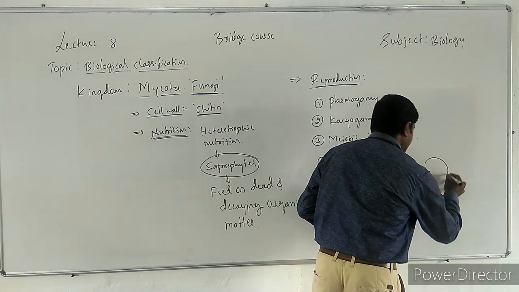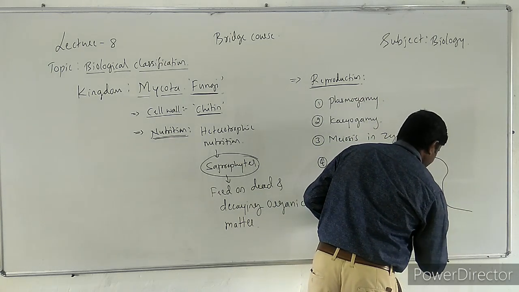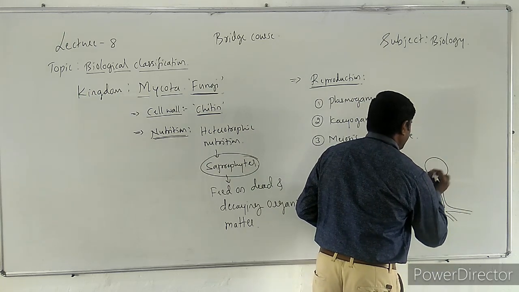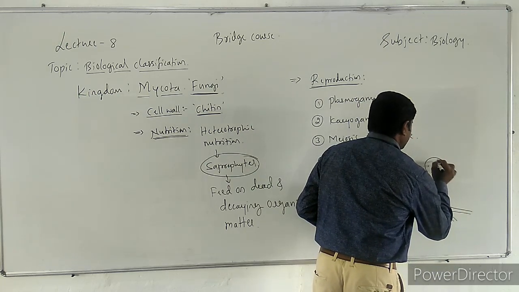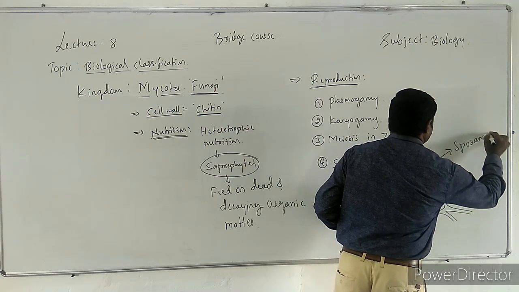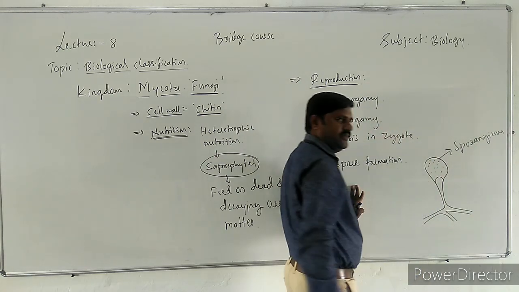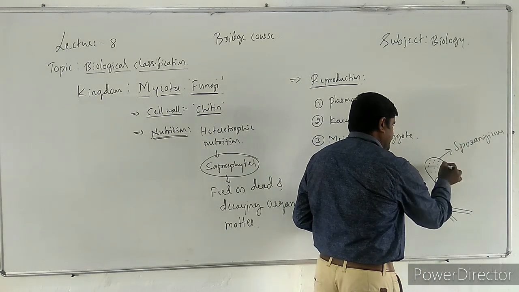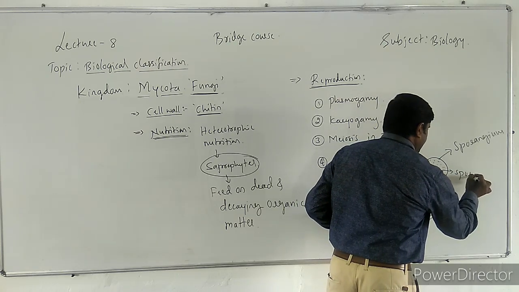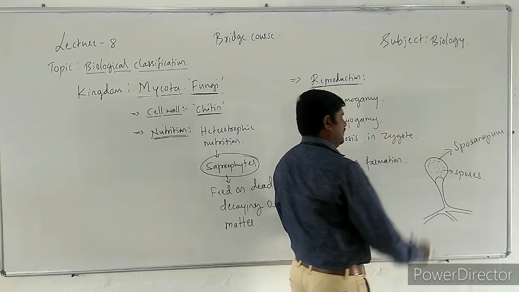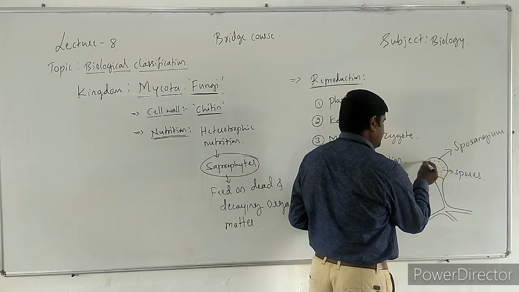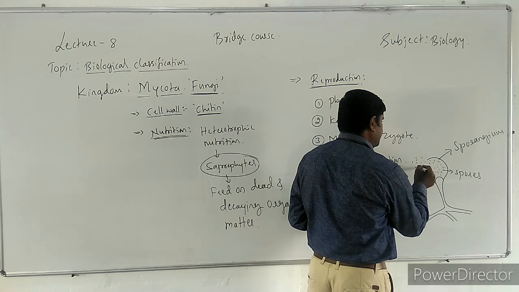In these plants, the sporangium is present, and inside this sporangium there are spores. When the sporangium ruptures, the spores come out.